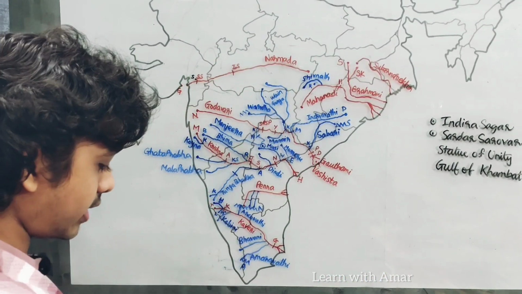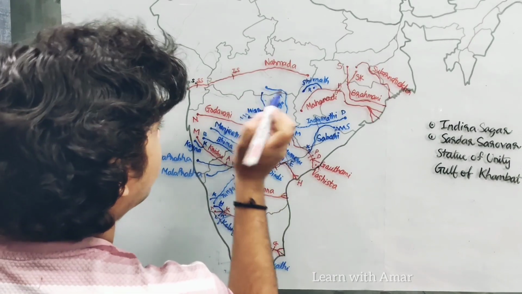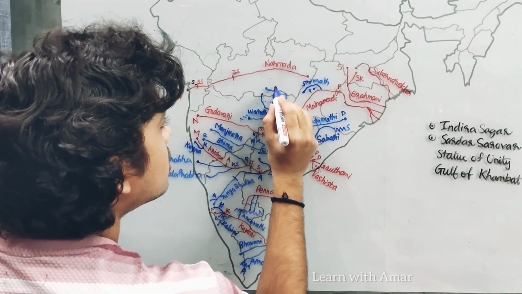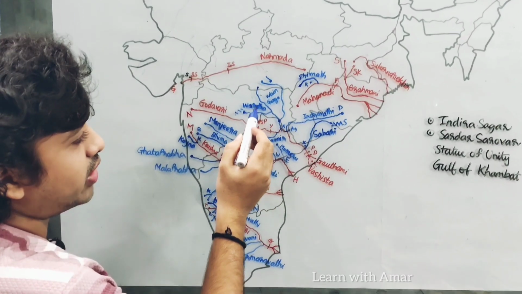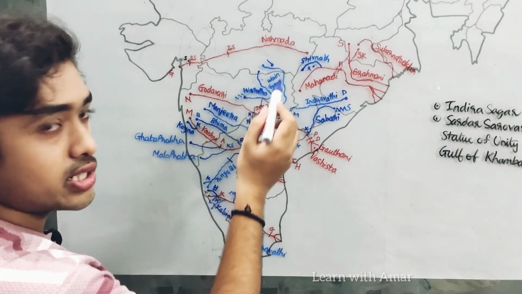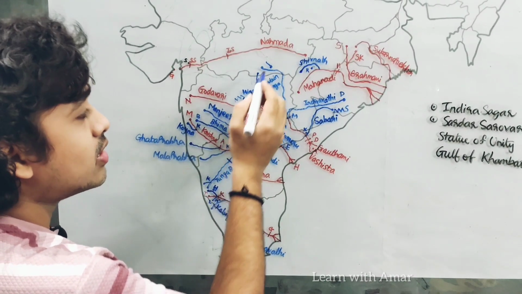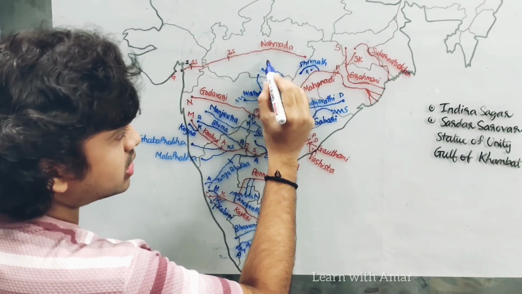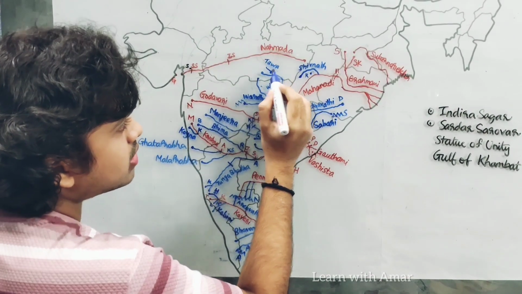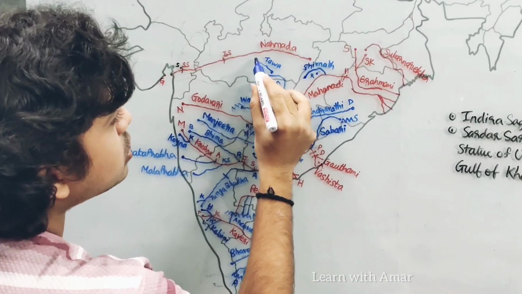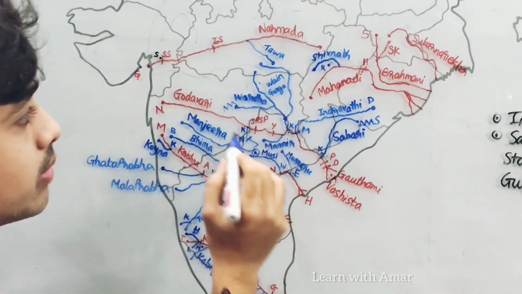We have an important tributary of Narmada. It originates right here. What was this? Where were Wardha and Venganga originating from? It was Satpura range, right? So Satpura range is where this tributary Tava originates, flows through Madhya Pradesh and joins the Narmada over here in Madhya Pradesh.